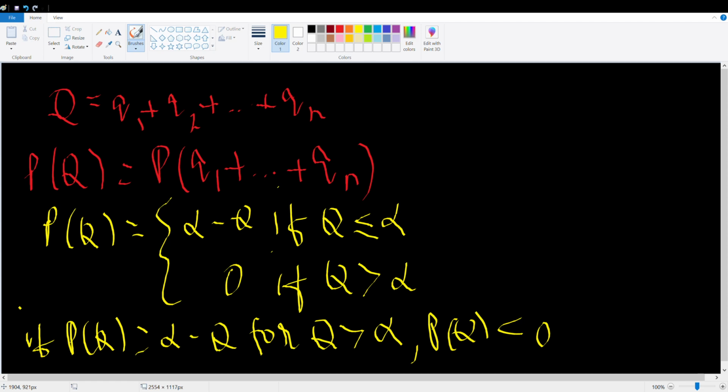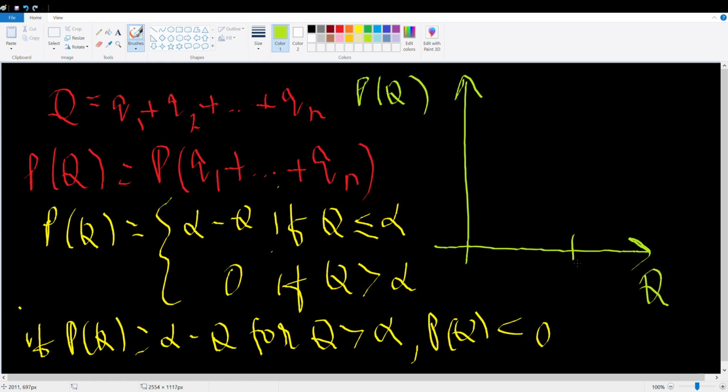So if we were to draw this function, it would be drawn as follows. For quantities of Q less than or equal to alpha, this is a linear function.